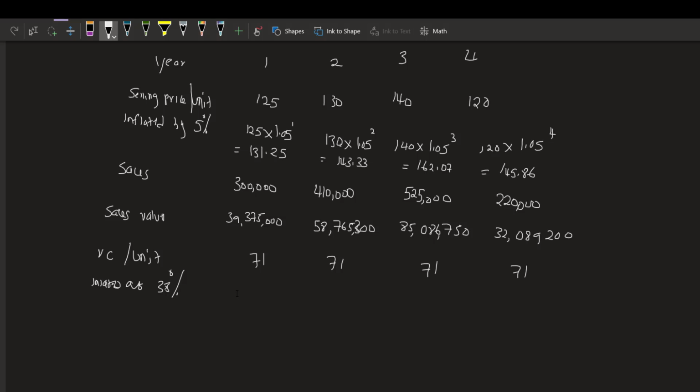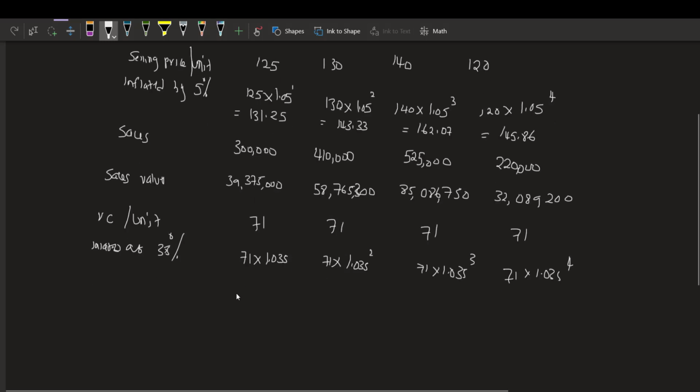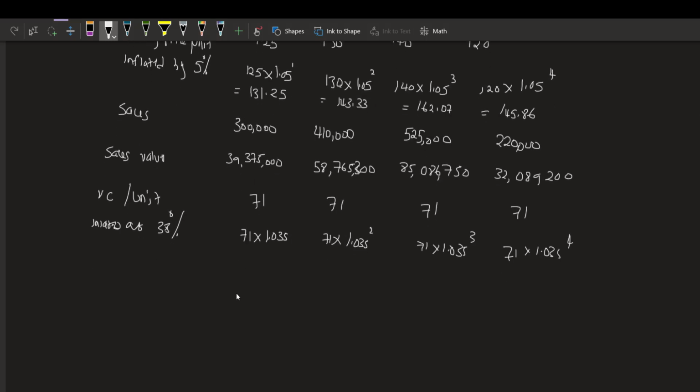So we will take 71 multiplied by 1.035. The next year 71 times 1.035 power 2. And next we have 71 times 1.035 power 3. And lastly 71 times 1.035 power 4.